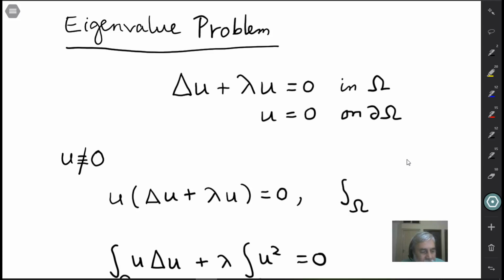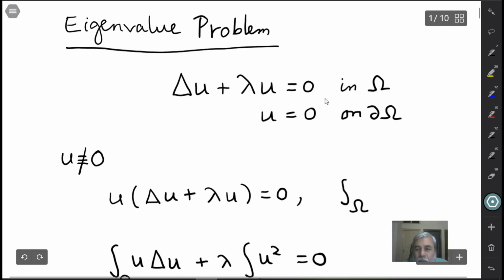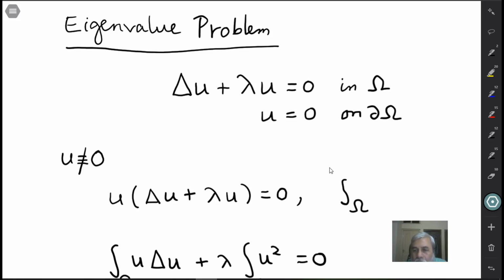Okay, so consider this second order equation. Laplacian u plus lambda u equal to 0 in omega and u equal to 0 on del omega. So again, as usual, omega is a bounded smooth domain in Rn, smooth boundary.